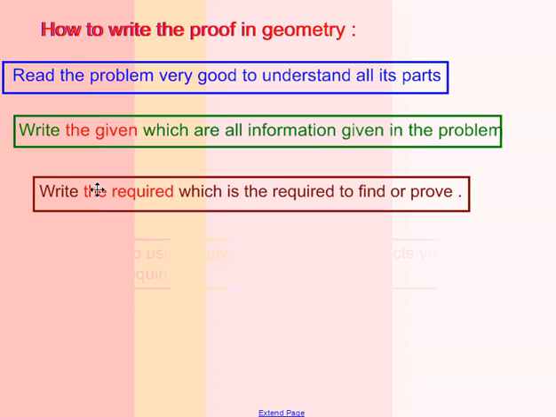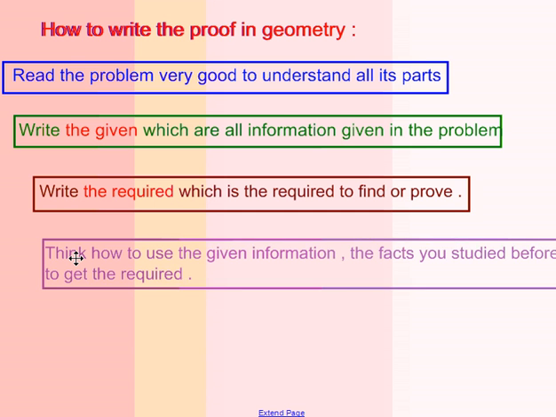The third part, you have to write the required, which is what is required to find or prove. You have to write what he needs from you. The fourth and last one, think how to use the given information that he gave to you and the facts you studied before to get the required.